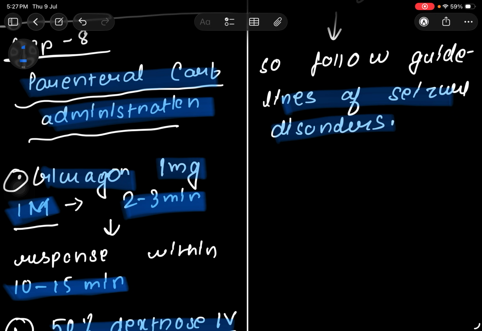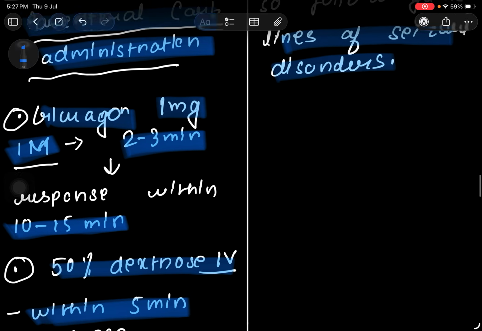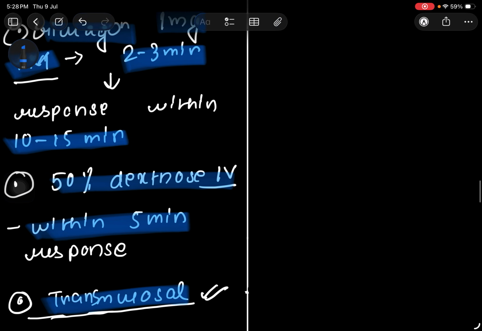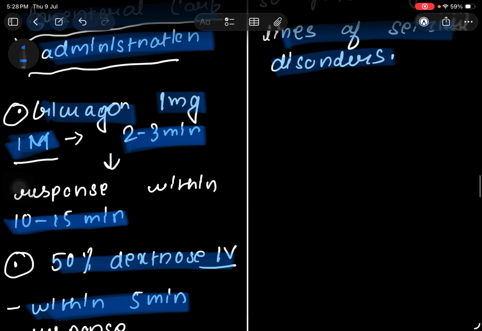IV means intravenous and IM means intramuscular. Intravenous is 50% dextrose, which is given within 5 minutes, and there will be a response. Glucagon 1 mg is given intramuscularly over 2 to 3 minutes, and the response will be within 10 to 15 minutes. 50% dextrose gives a rapid response and glucagon 1 mg gives a slower response.